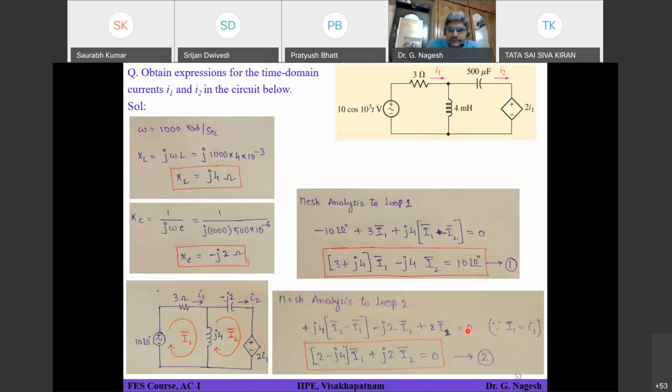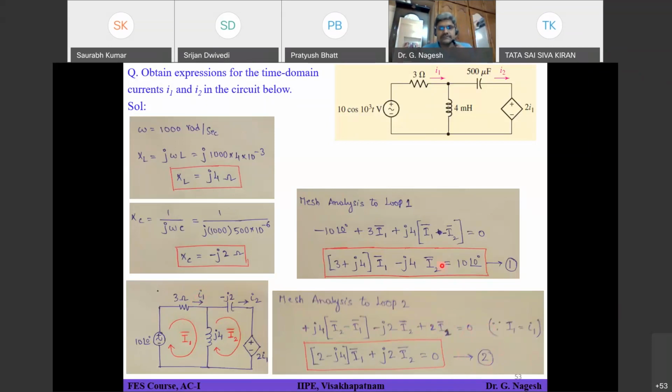That's why you have taken 2 into I1 phasor. In the present circuit, I1 is flowing in the 3 ohm resistor and I1 phasor is also flowing in the 3 ohm resistor, both in the same direction. So that's why this I1 exactly matches with I1 phasor current.